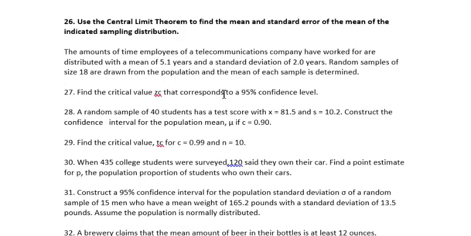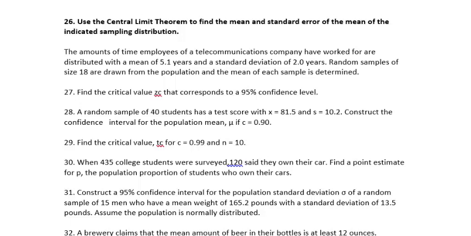Okay, find the critical value of Z_C, which means the Z-table result, that corresponds to a 95% confidence level. Now remember, a confidence level means in either direction, so that is a two-tailed distribution, not a one-tailed distribution, which is if you were looking for everything below a certain point.